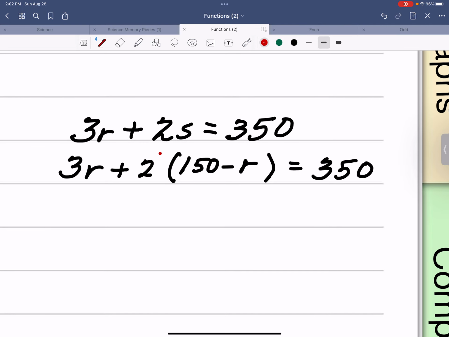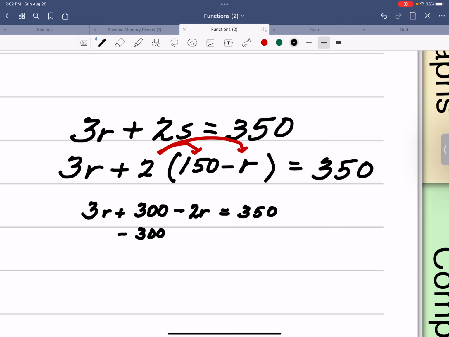Now I need to distribute first. So I'm left with 3R plus 2 times 150 is 300, plus, that's going to be a minus because 2 times minus R would be a negative 2R, is 350. I'm going to go ahead and move the 300, eliminate it here.